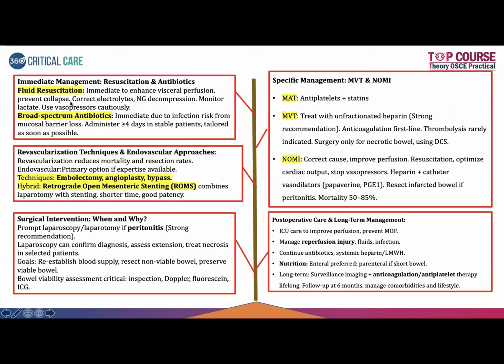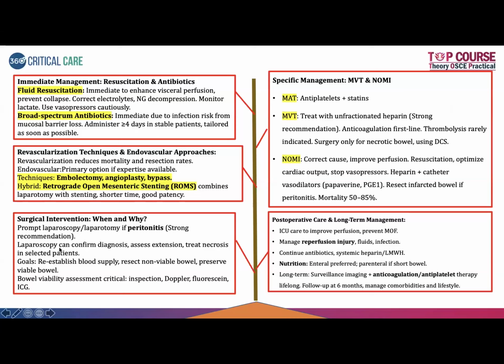Immediate management, this is the exact same slide: fluid resuscitation, maintaining electrolytes, NG decompression, broad spectrum antibiotics, then revascularization techniques, embolectomy, angioplasty, bypass, hybrid techniques like retrograde open mesenteric stenting can be considered. Surgical intervention when there are signs of peritonitis.